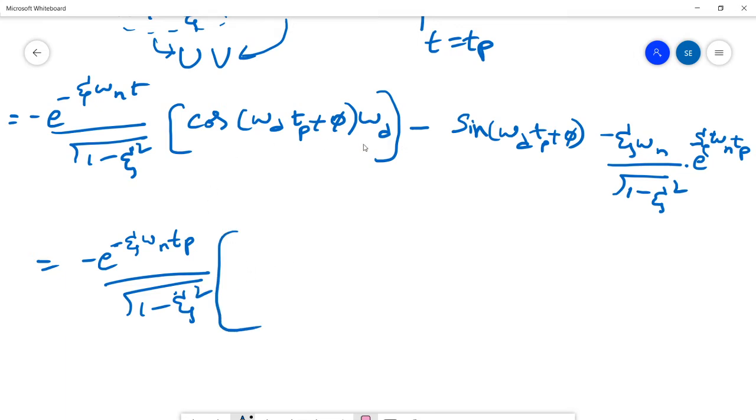So what we'll do, we'll multiply this negative sign on the whole expression.